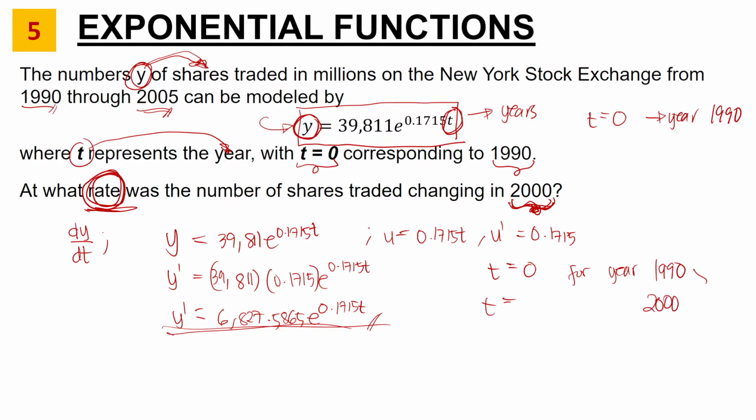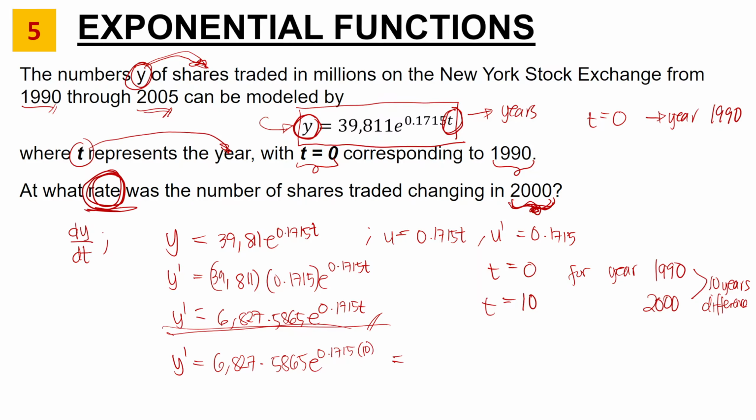If you count, this is a 10-year difference. So our t for 2000 is 10, and we just substitute that there. We will get y prime is equal to 6,827.5865 e raised to 0.1715 times our t, which is 10 years.